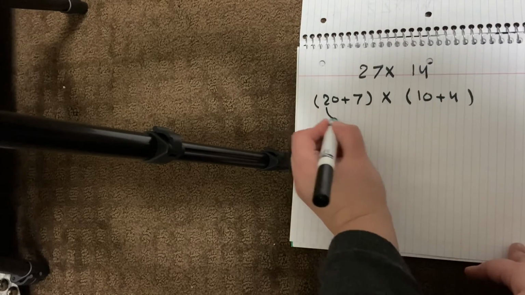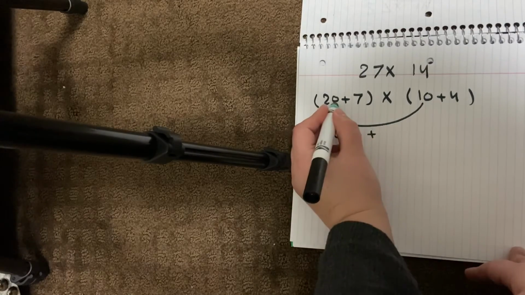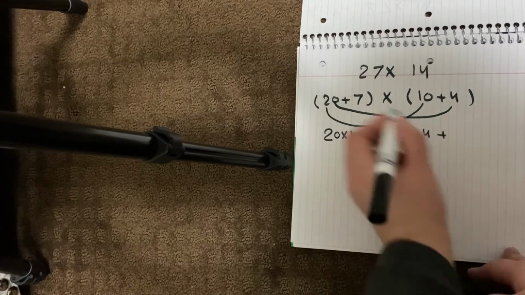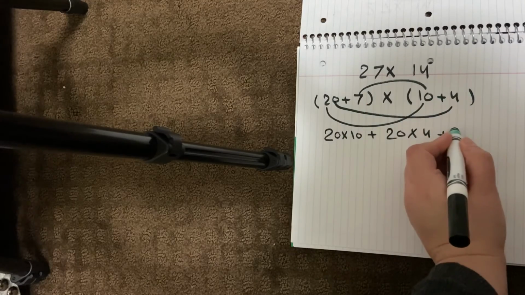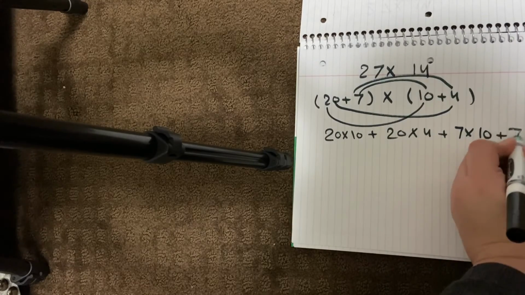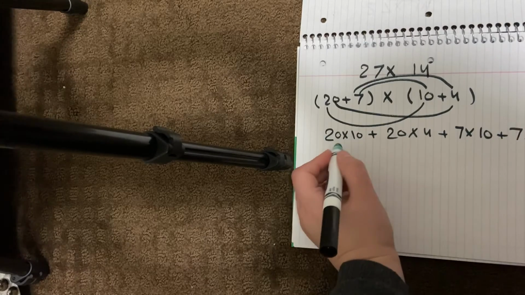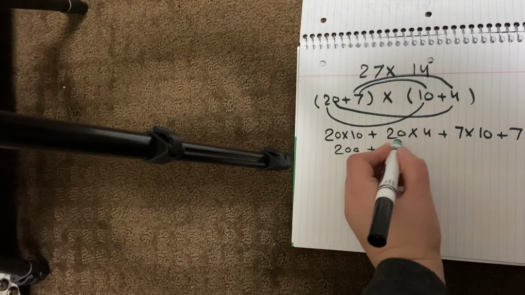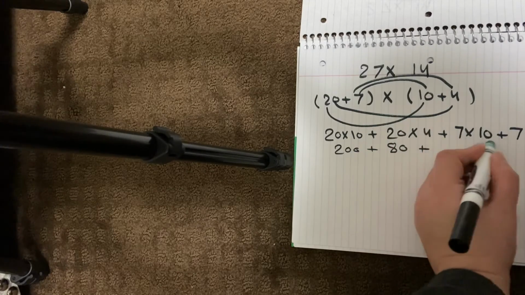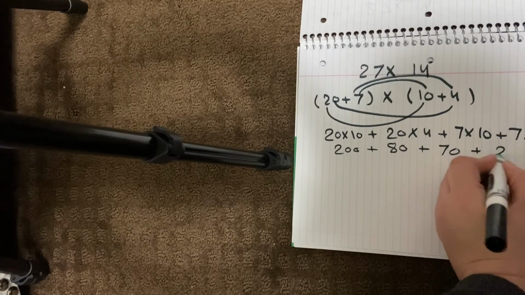So 20 multiplied by 10 plus 20 multiplied by 4 plus 7 multiplied by 10 plus 7 multiplied by 4. So here I have the net result: 20 multiplied by 10 is 200 plus 20 multiplied by 4 is 80, and 7 multiplied by 10 is 70 plus 7 multiplied by 4 is 28.